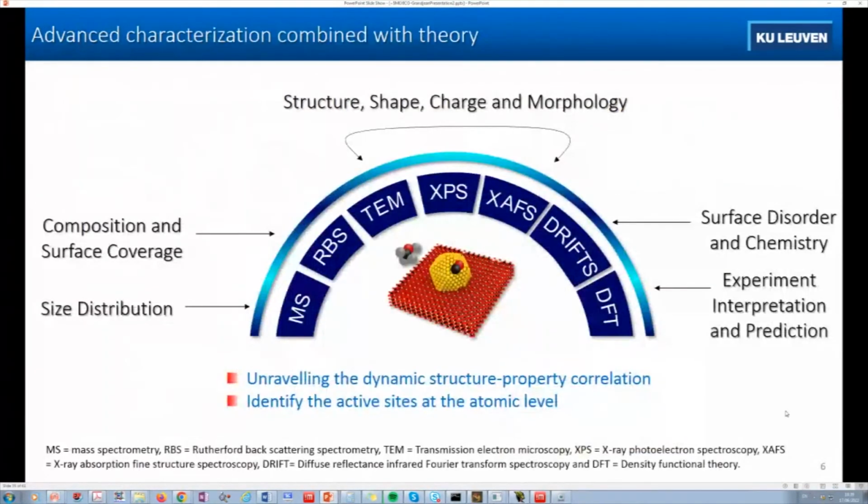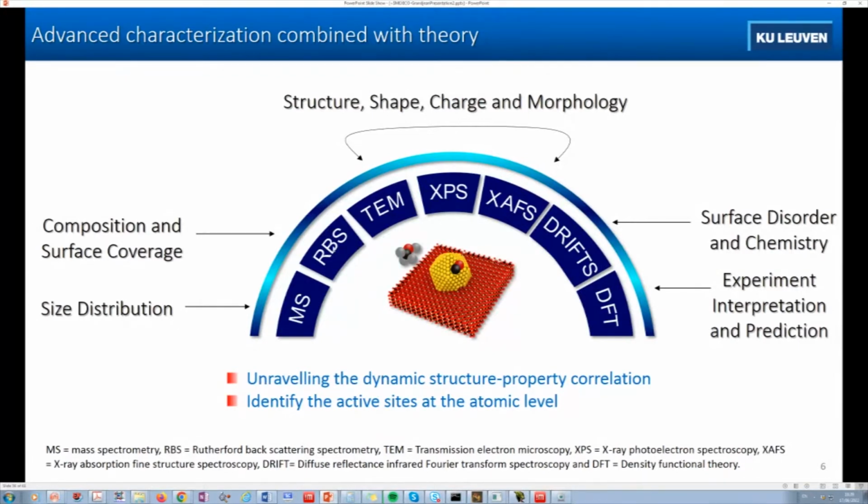So as I said, that's what we actually need to really understand the active site and how this cluster works. So EXAFS is there, but it's not enough. We need this mass spectrometry inside the gas before they are deposited.